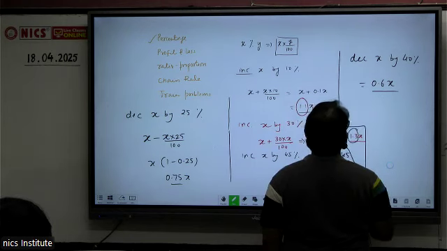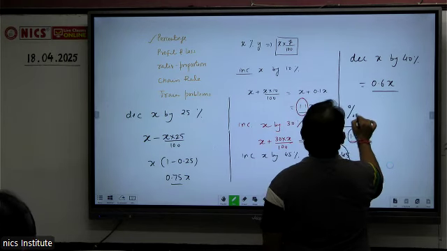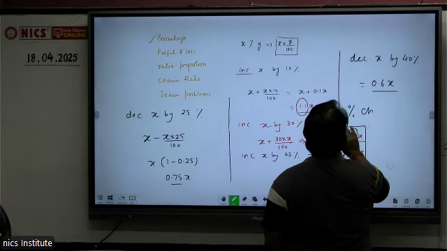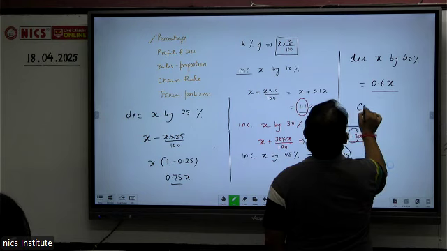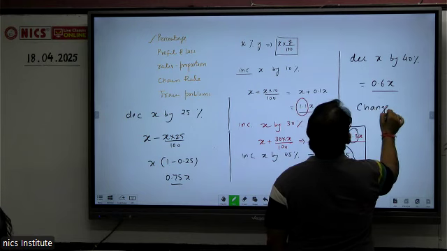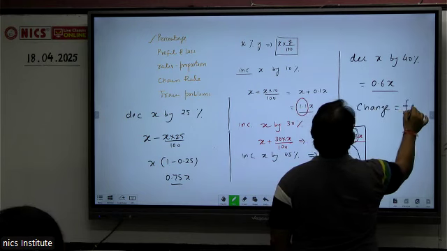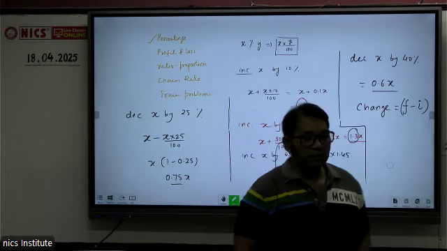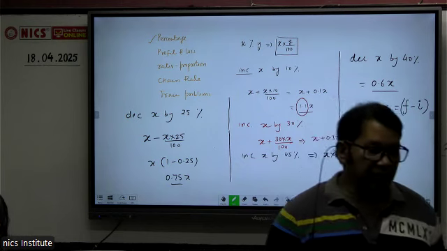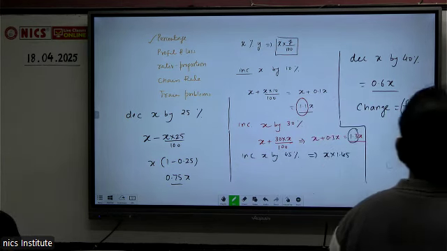Then another formula for percentage change. See, change in any quantity is always final quantity minus initial quantity, right? F is final, I is initial. Change in any quantity is final minus initial.